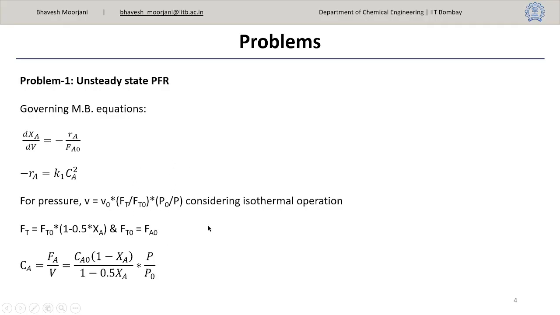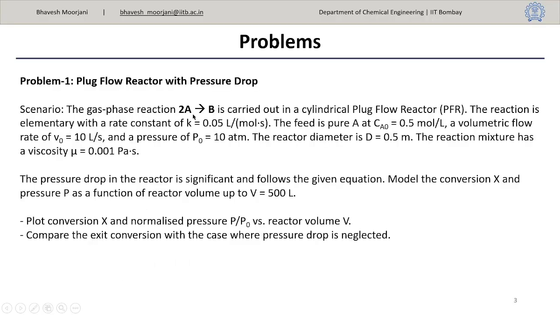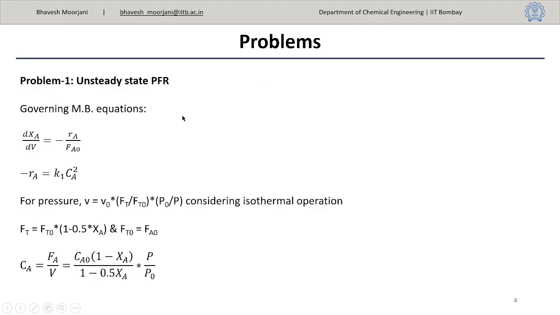We can write the total flow rate with respect to the inlet flow rate in terms of this equation, right? That Ft is equal to Ft0 times 1 minus 0.5 xa. Why 0.5 xa? Because the two A are reacting and producing B, so it's xa by 2, that's why half. Ft0 is nothing but your Fa0.